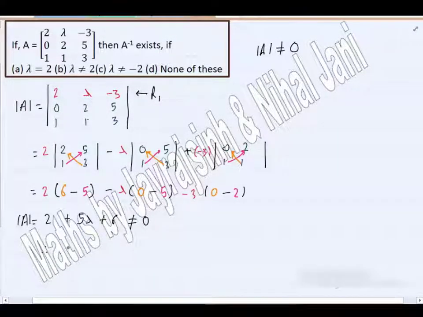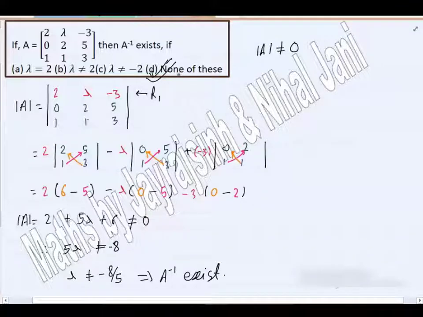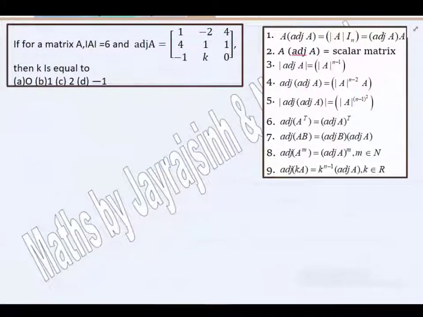So, we can say 5 lambda is not equal to minus 8. Or we can say lambda is not equal to minus 8 by 5. Then A inverse can exist, right? Which suggests that option D is the correct option. Ta-da! Let's see the next question.